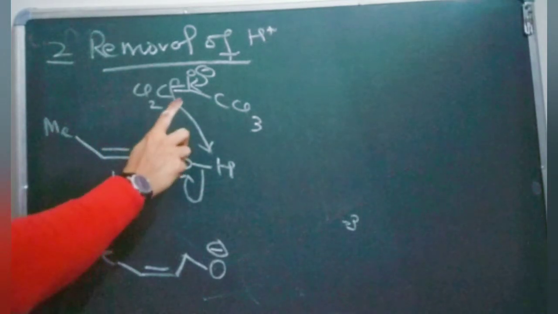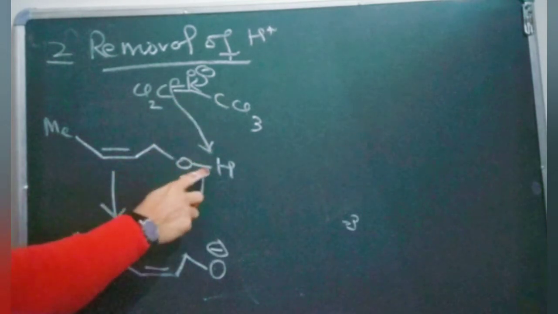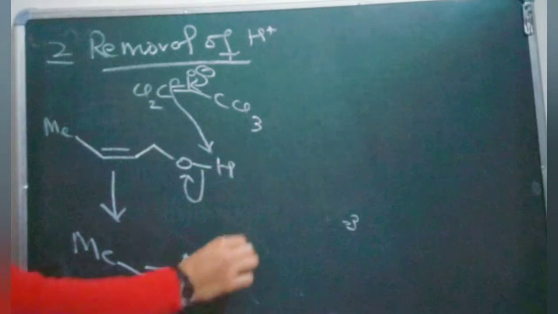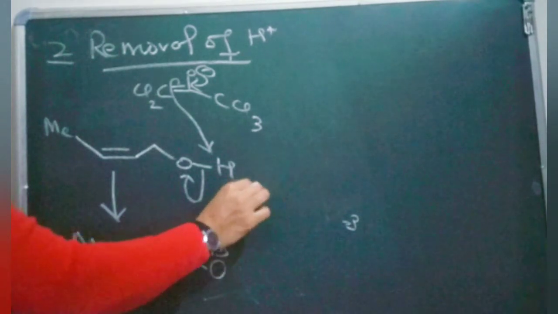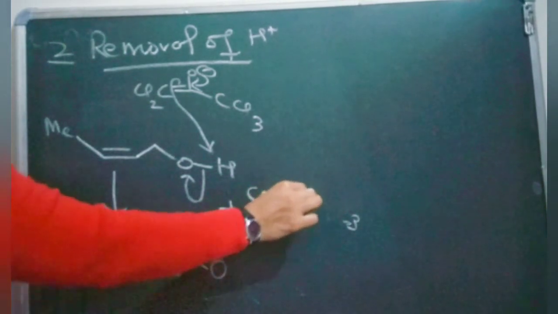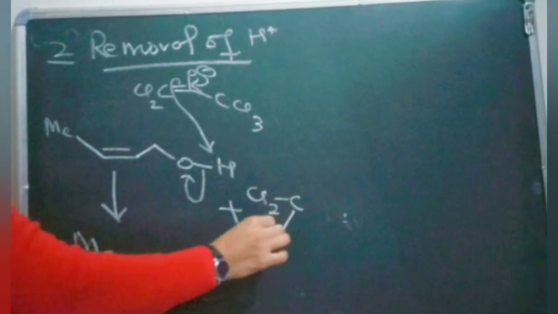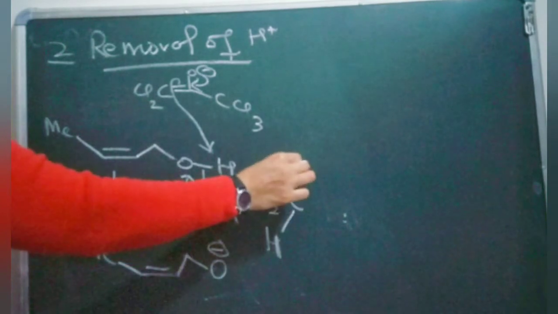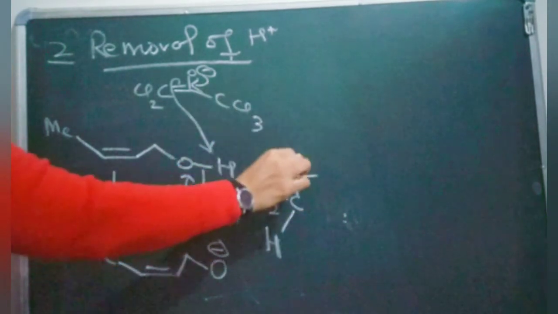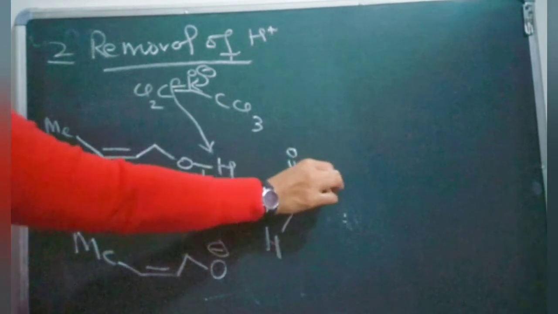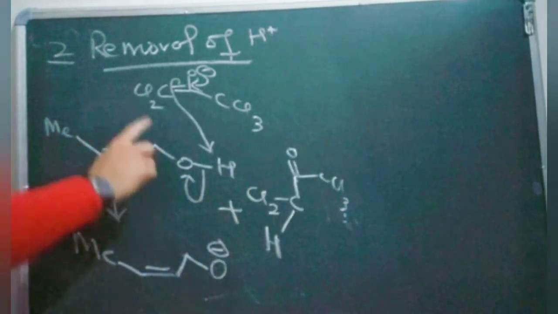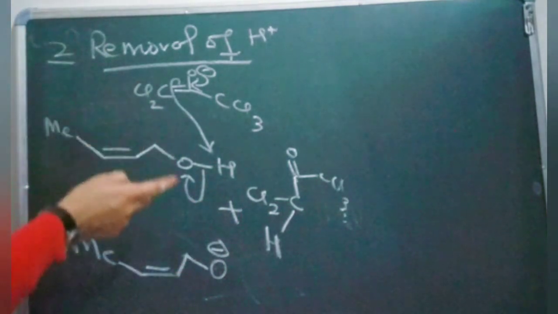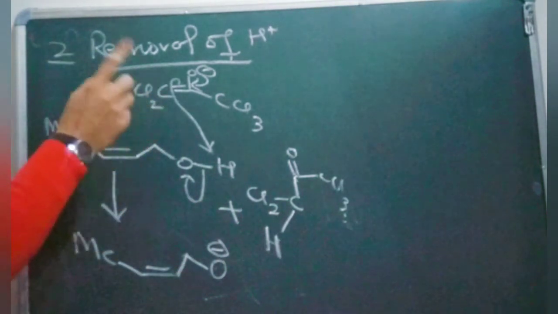Okay, and side by side it will take this H. So here we'll be having, I'm writing it here, plus CCl2 carbon H single bond, oxygen with double bond, and CCl3. Okay, so this is your second step, removal of proton when a carbanion attacks it.